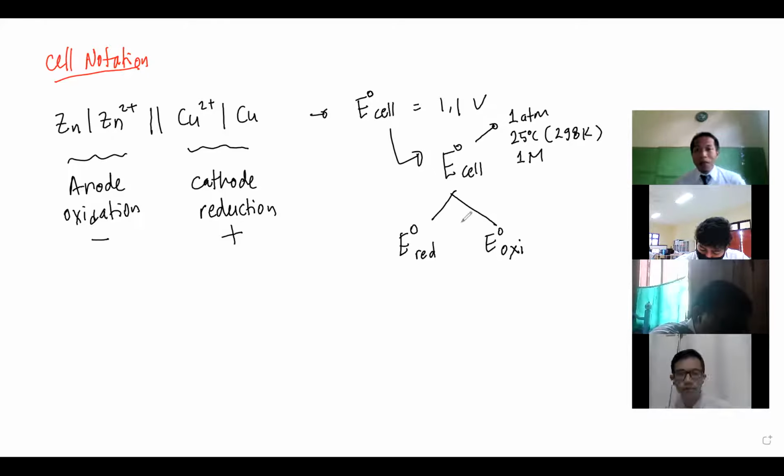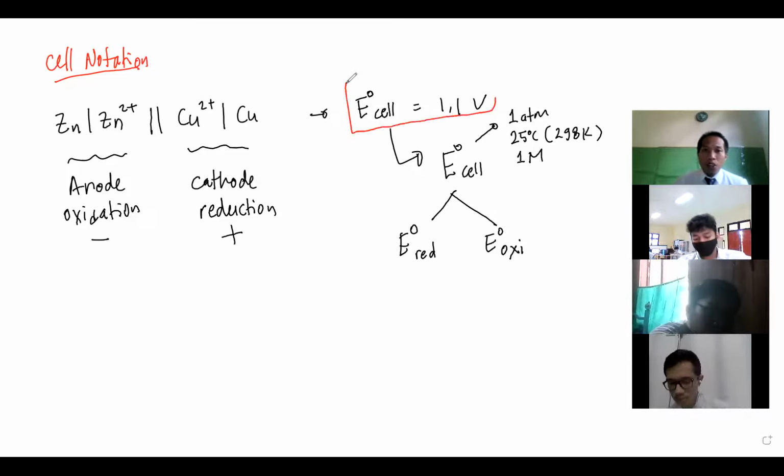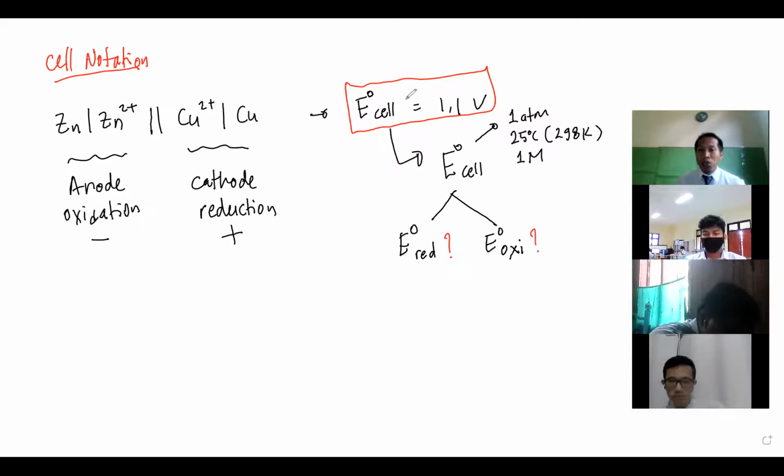But what we can measure, what comes up in the voltmeter, is E0 cell. Ini yang keluar E0 cell. So we cannot find E0 reduction and E0 oxidation directly because these are two unknown things. We have only the E0 cell. That's why we have to use another thing to find E0 reduction or E0 oxidation.